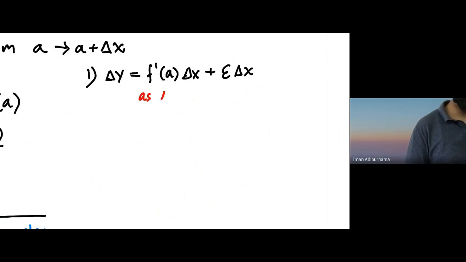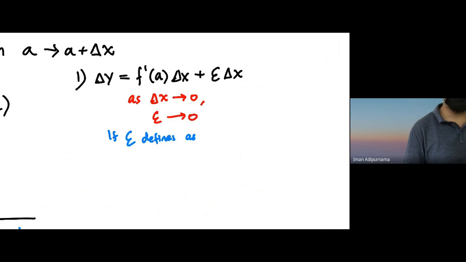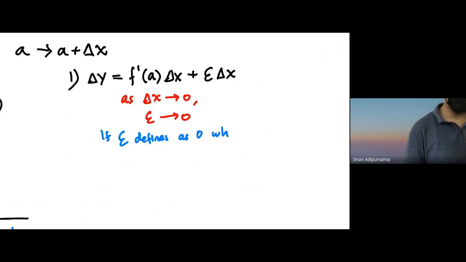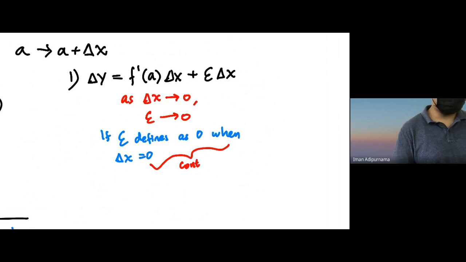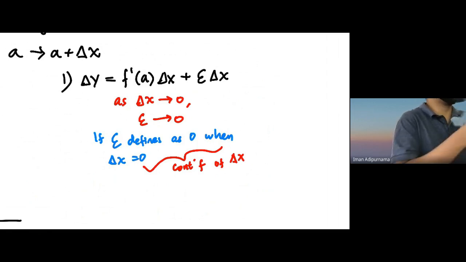And as delta x approaches 0, epsilon also approaches 0. Okay. And then if epsilon is defined as 0 when delta x is 0, this means it is a continuous function of delta x, meaning there is no other difference, right? It's continuous.